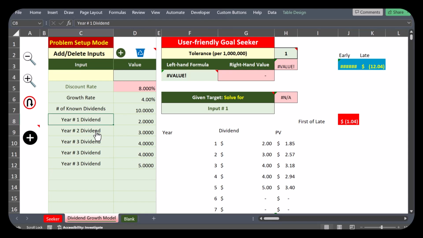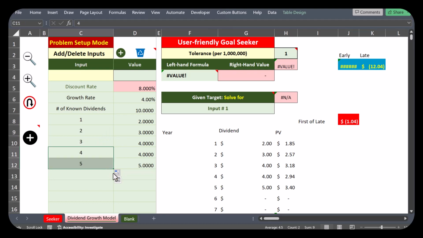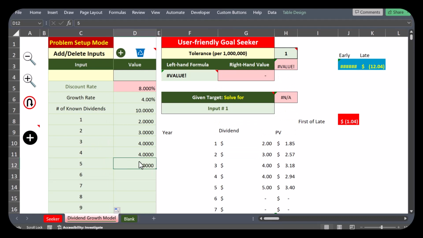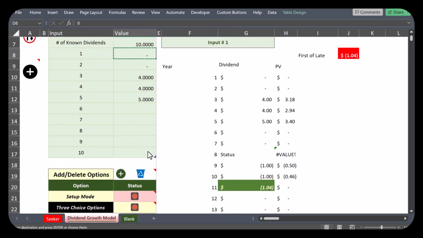Let's do these. So, okay. Control C. Come on.